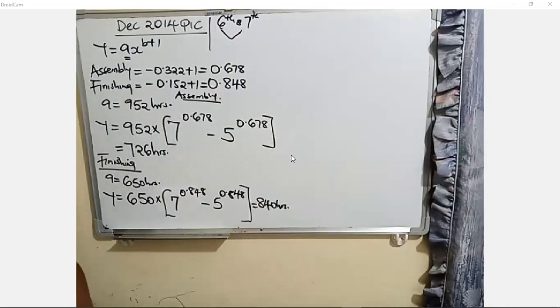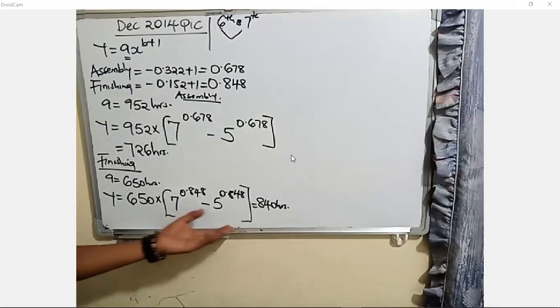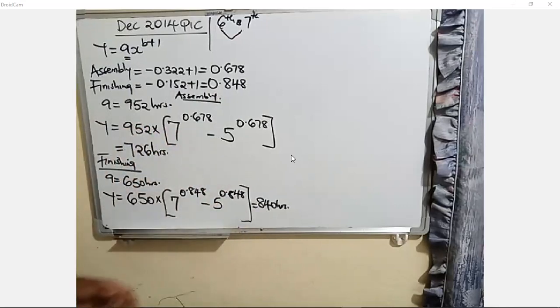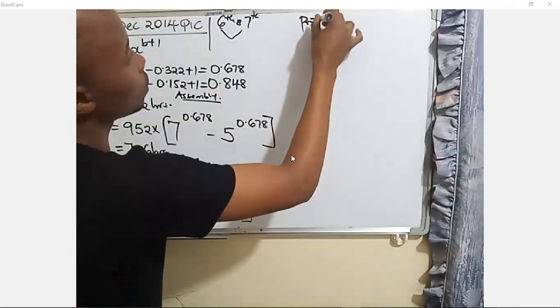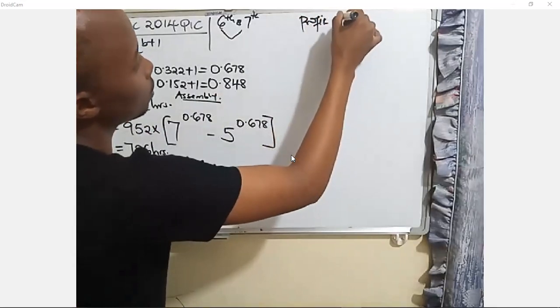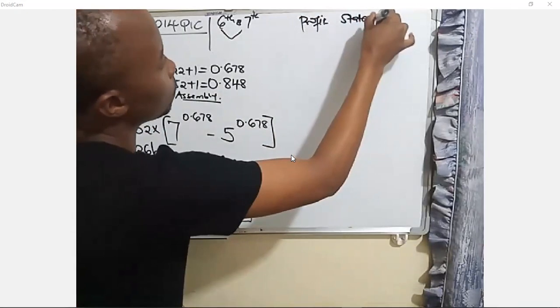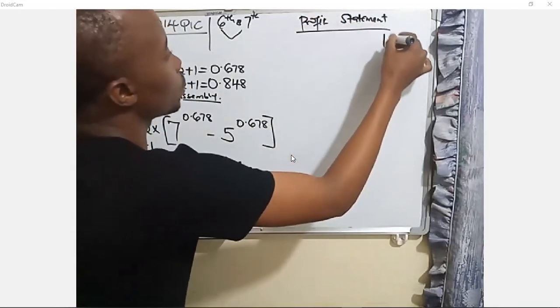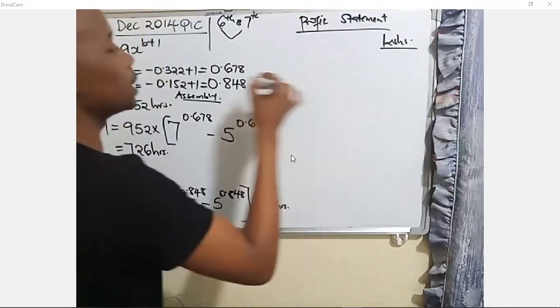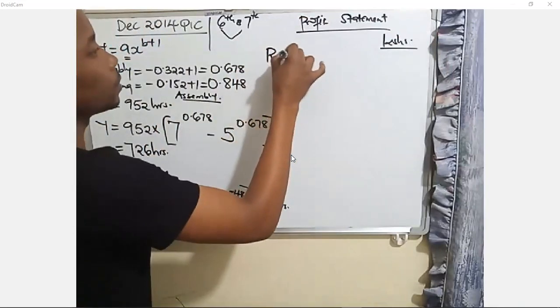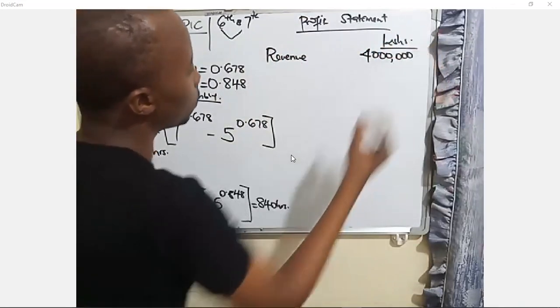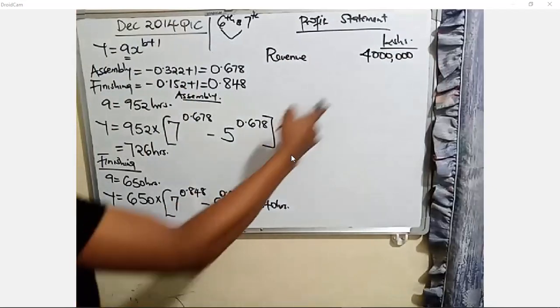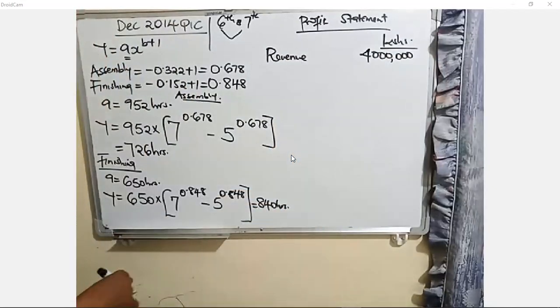If we are together, after I determine my labor hours, I can go on and get my profit, because now I need to come up with a profit statement. You can use any word, whether contribution or profit statement. Here we have Kenya shillings. Our revenue is undisputed, it is 4 million, because a customer paid 4 million for both cars.